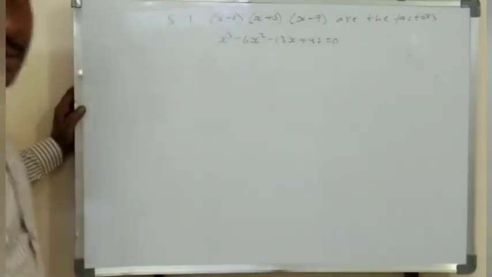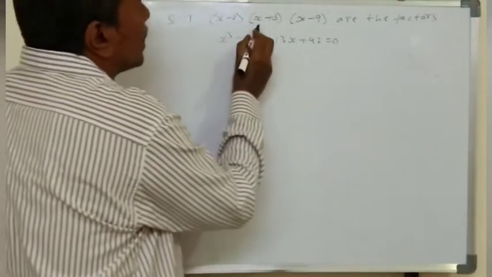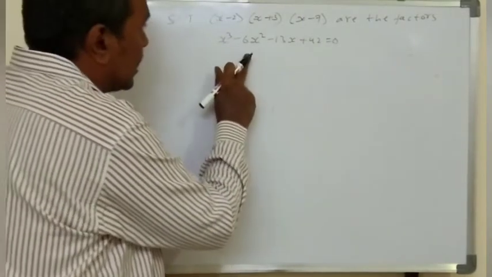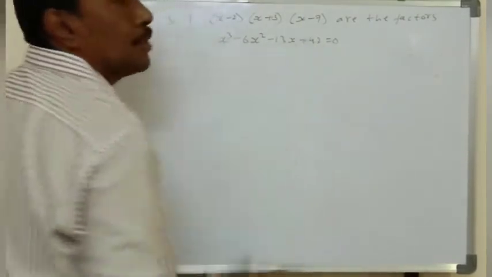So show that x minus 2, x plus 3, x minus 7 are the factors of x cube minus 6x square minus 13x plus 42.